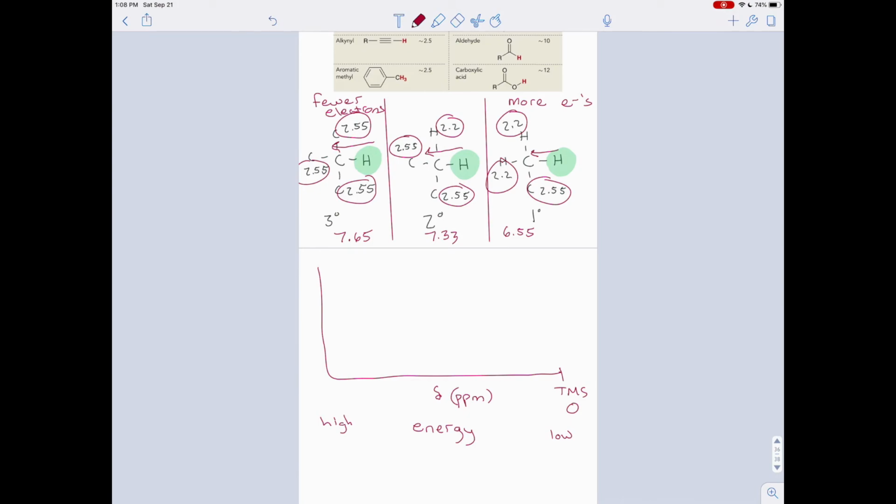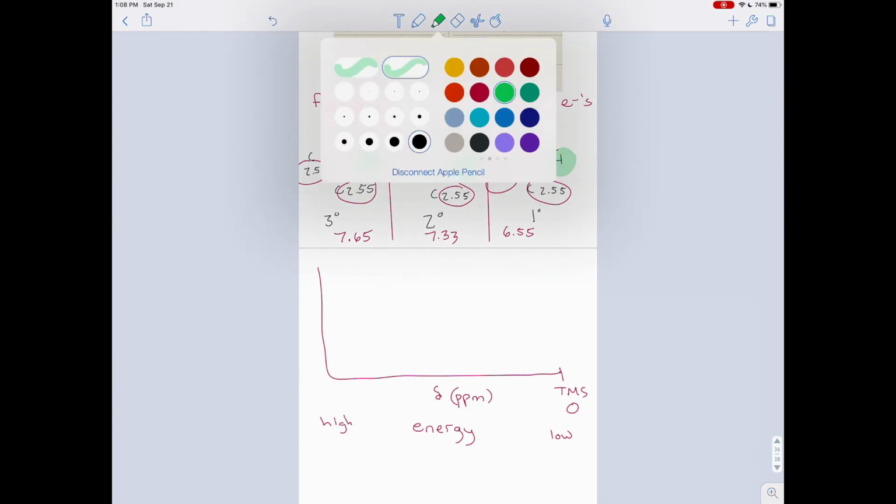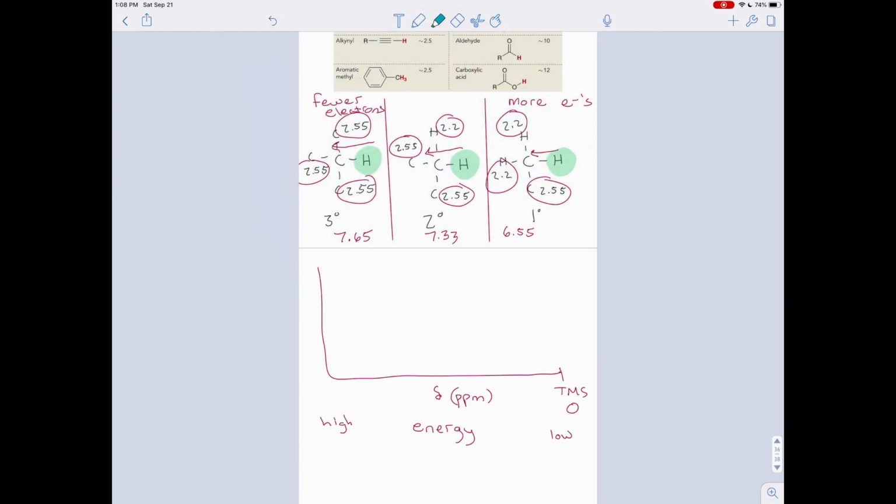And so what that means is this primary hydrogen, which has more electrons, opposes the external magnetic field more, so that the net magnetic field is smaller, and it doesn't take as much energy to make those flip. They flip at around 0.9.